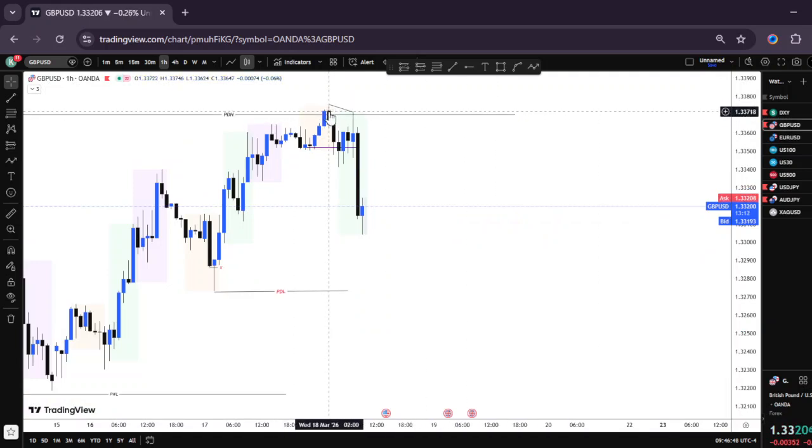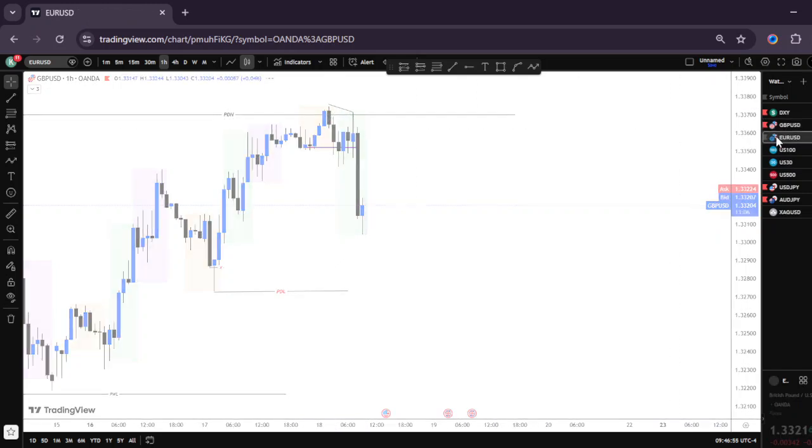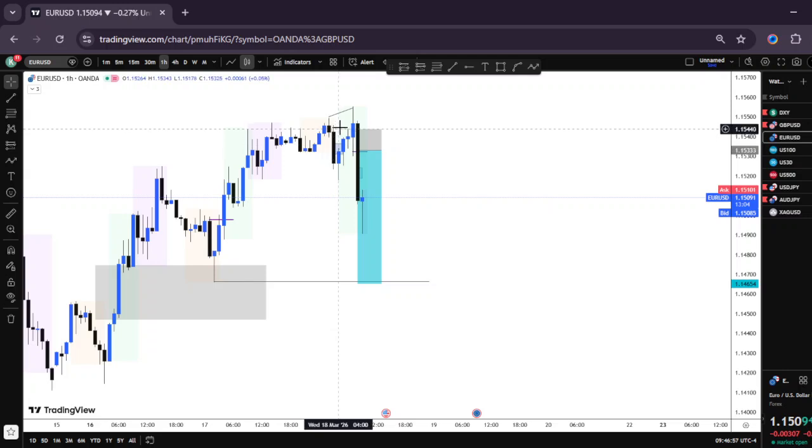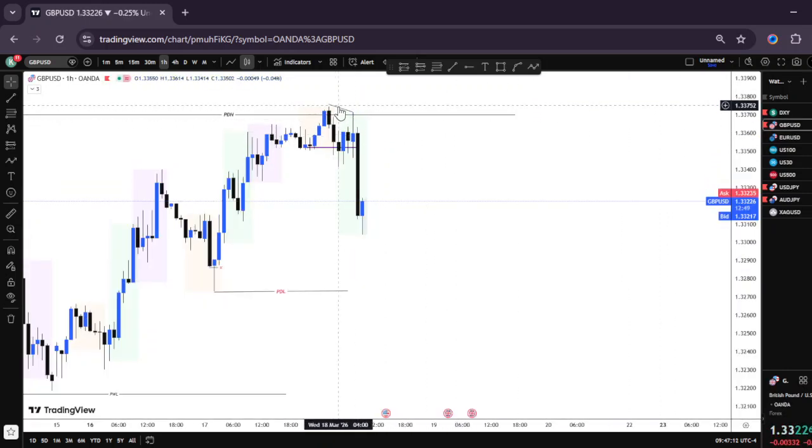This is the high of 2 a.m. Wednesday, 2 a.m. today, and this is the high of 2 a.m. today. You see, 2 a.m., this one, 2 a.m. today. So Euro has taken out this high, while GU failed to take out this high. So you realize now we have an SMT.